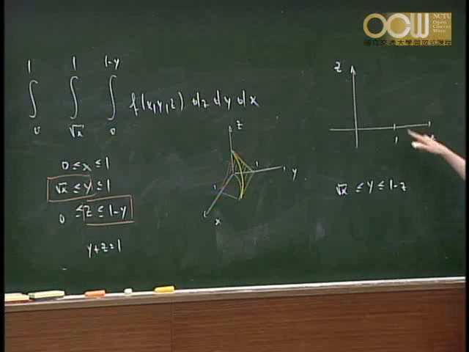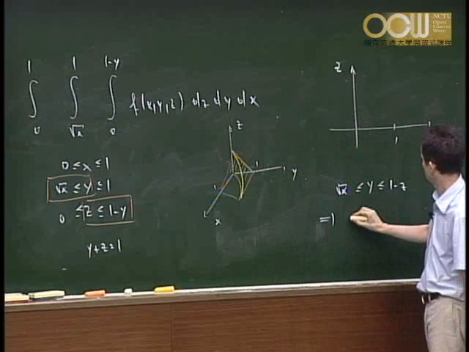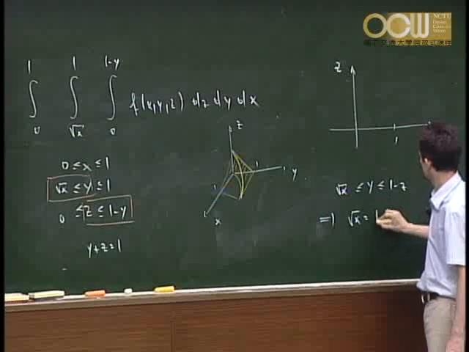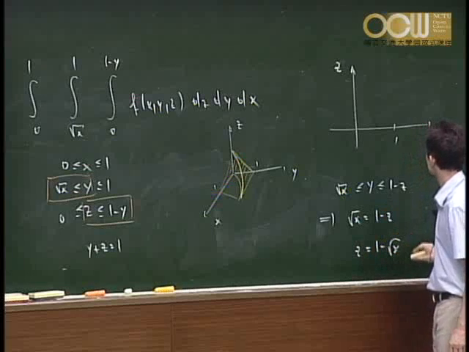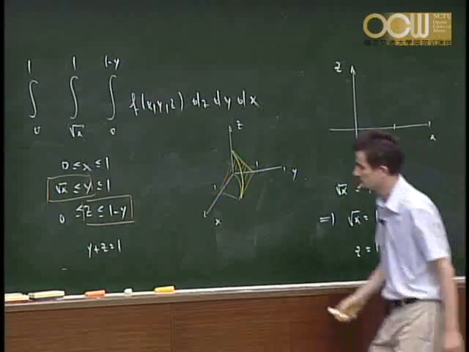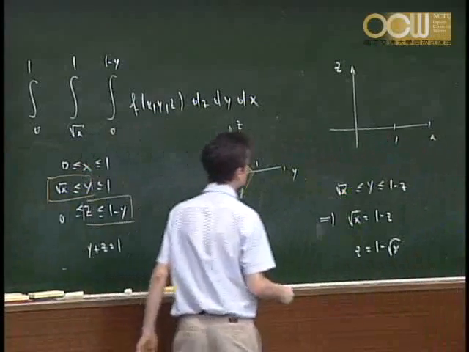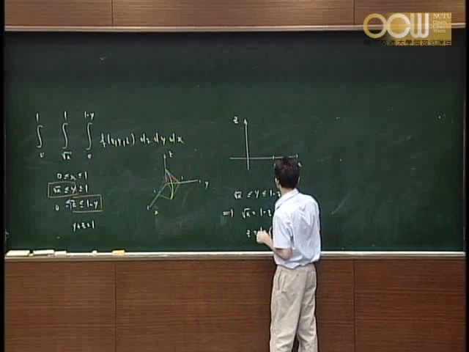So you see that this boundary curve is given by square root of x is equal to 1 minus z, or z is equal to 1 minus square root of x.